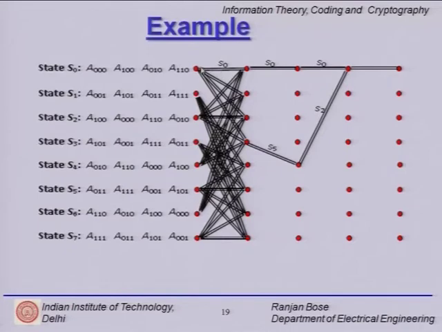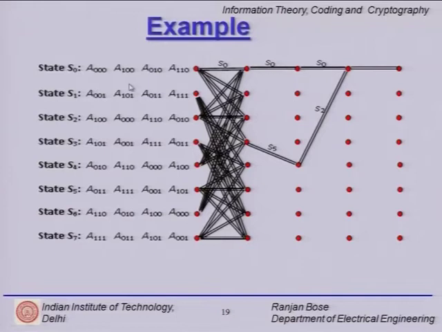So, in fact, every node has 8 outgoing branches, of which there are 4 pairs of parallel transitions. So, we must apply Ungerboeck's rule for this. As you can see, there were 3 memory elements leading to 8 states in the trellis, right, and there were 3 input bits coming in leading to 8 branches emanating from each node from 0 0 0 up to 1 1 1. Here is the assignment.